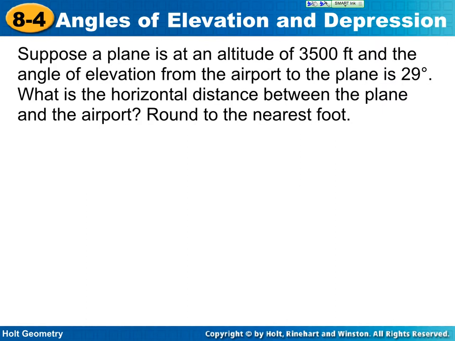The horizontal distance between the plane and the airport is what you're trying to find. We know the altitude of the plane, 3,500 feet. Altitude, perpendicular height. The angle of elevation, horizontal going up.